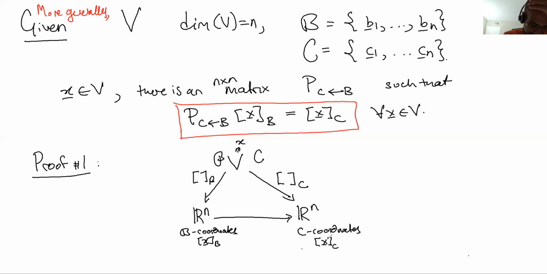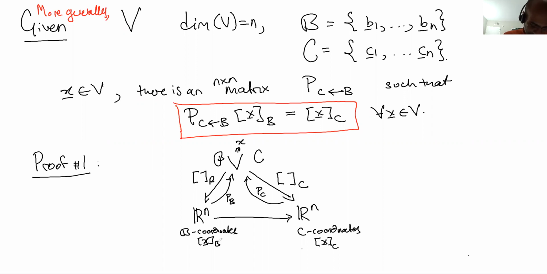How would I get from x sub B to x sub C? Well, these are all isomorphisms, so I could just follow the arrows. This has an inverse called PC, and this has an inverse PB.